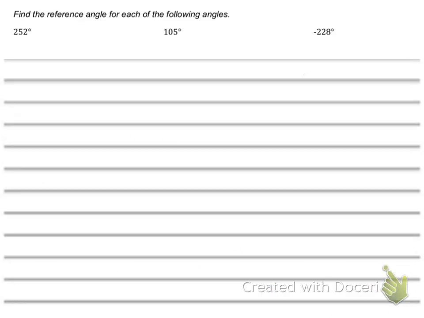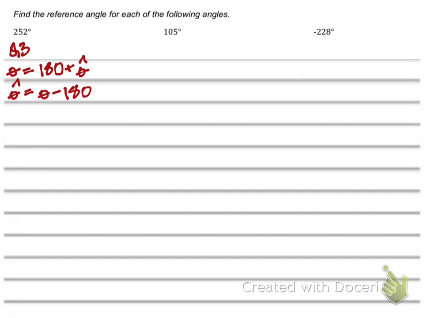So when we do these problems, we're going to do the first few really mathy, and then we're going to make it a little simpler. So I have 252 degrees. 252 degrees is in quadrant 3. And in quadrant 3, theta is 180 plus theta hat. So since I want to find theta hat and I have theta, I'm just going to rearrange that formula.